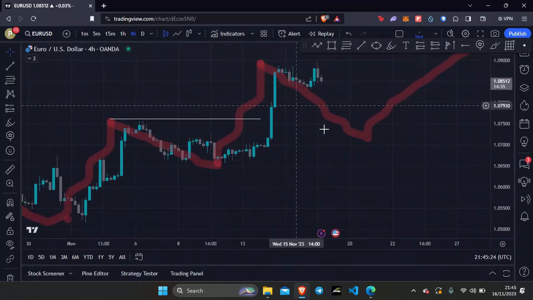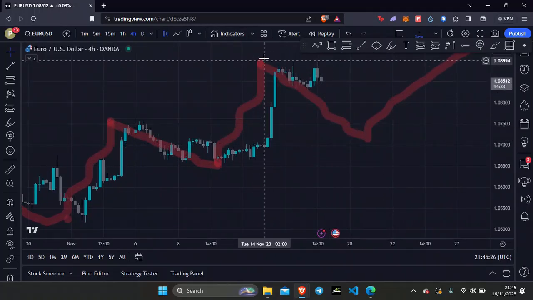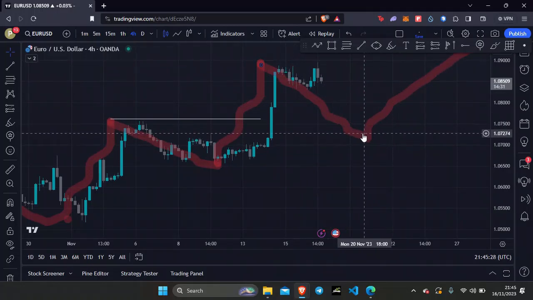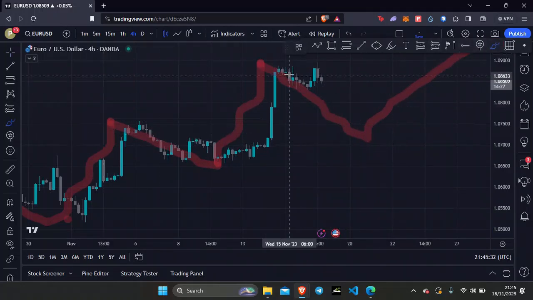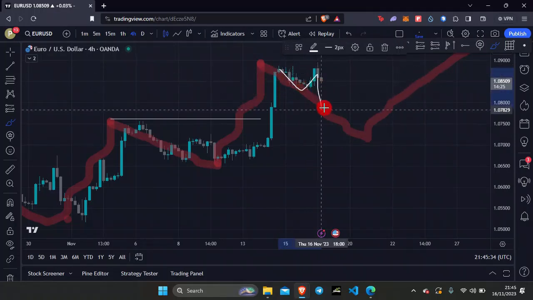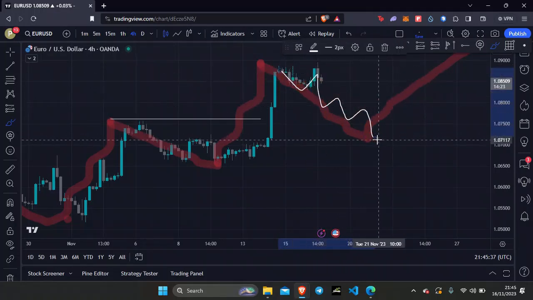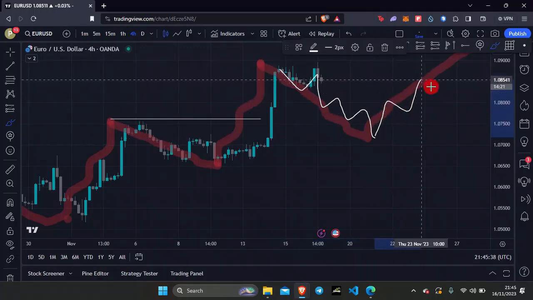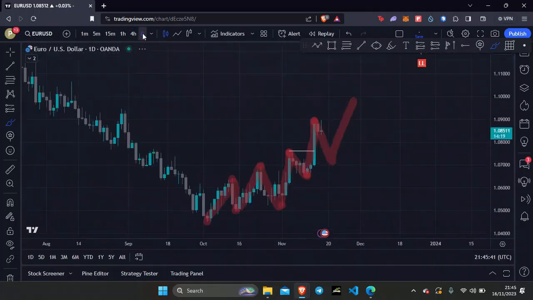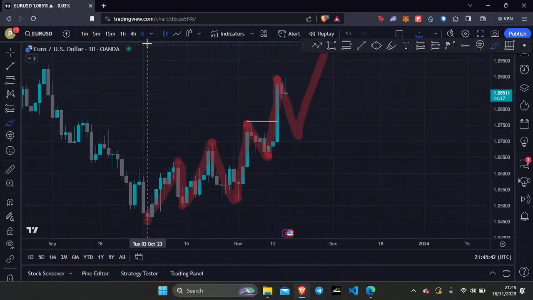However, our anticipation is that we're going to get this higher low on the daily. So therefore, what we want to see is the 4 hour turn bearish, and then we want to see it turn bullish so that it can do what the daily time frame is showing us it wants to do.